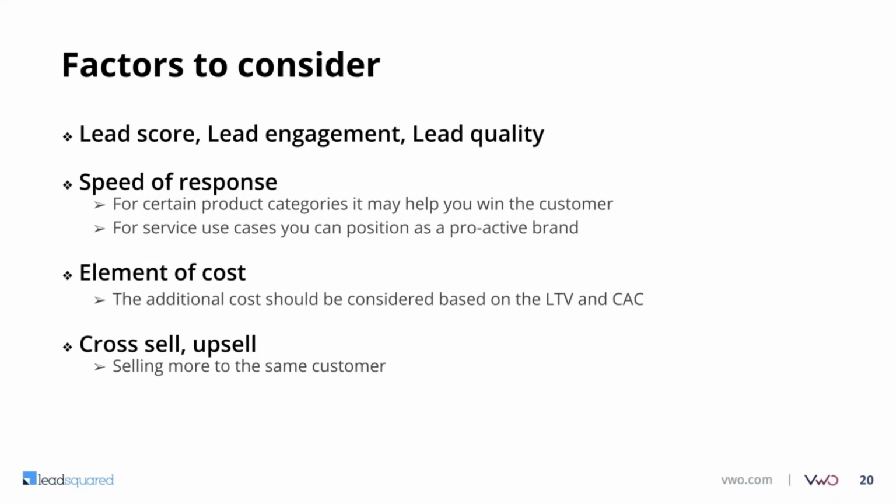So for example, if you're selling to a business or to a consumer, then a product may be more suitable for a certain age group or a certain income group, or a certain specific group of consumers. That adds to your demographic profile, and that is not much of a score really, but more of a quality of a lead or the consumer, which can further drive the behavior or outreach to your customer.